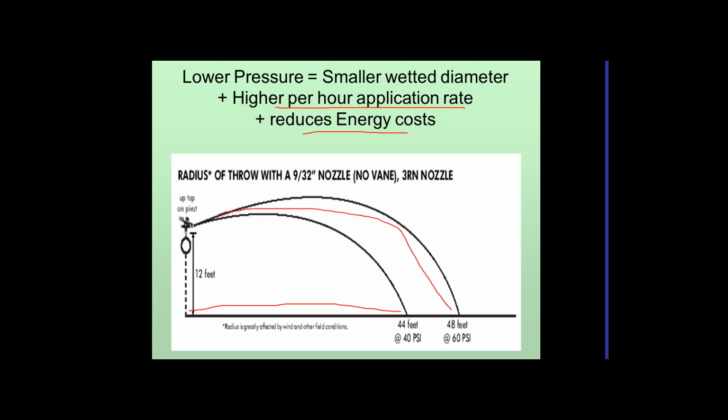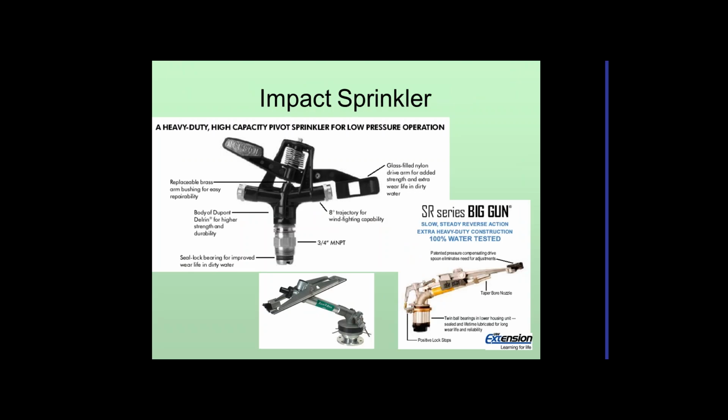So when we're looking at lower pressure, we have to look at topography, the type of soil, and the infiltration rates of the soil to decide what pressure to use, based on the throw distance and the infiltration rates of that water.